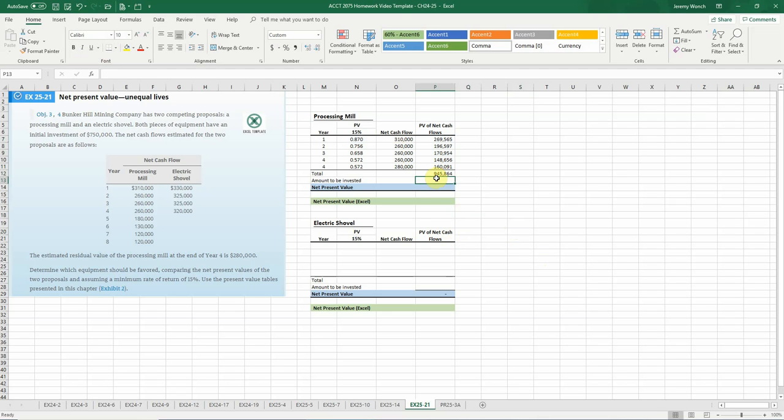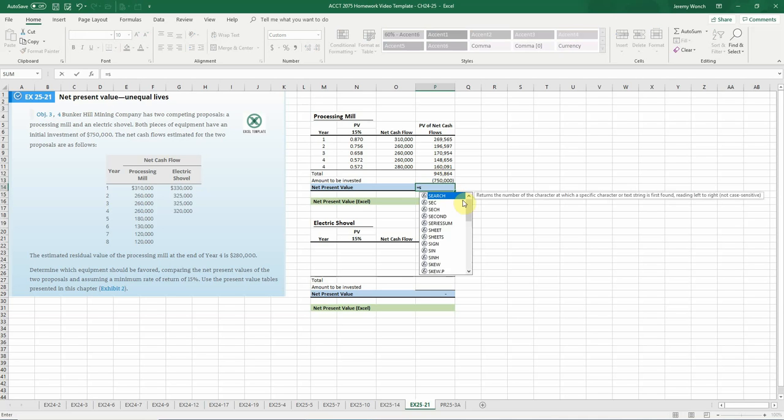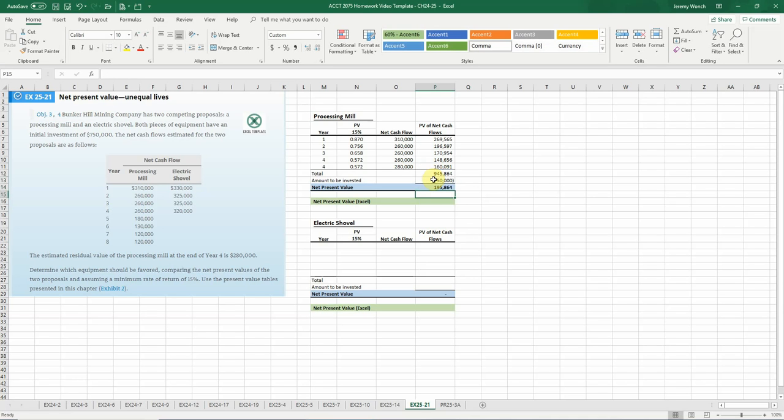Then to get our net present value, we subtract out our initial investment, which is $750,000, which will give us a net present value of $195,864.